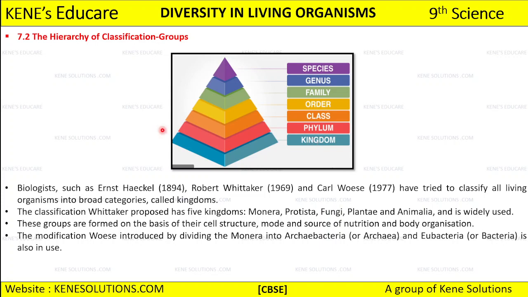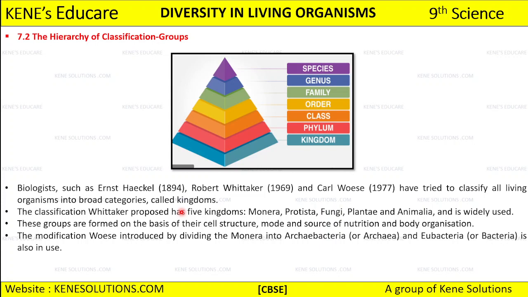Okay, so biologists such as Ernest Haeckel in the year 1894 and Sir Robert Whittaker in the year 1969, so see the difference between the years. Ernest Haeckel gave it in 1894, Robert Whittaker sir in 1969, and Carl Woese in the year 1977. All of them tried to classify all the living organisms into broad categories which we call kingdoms.